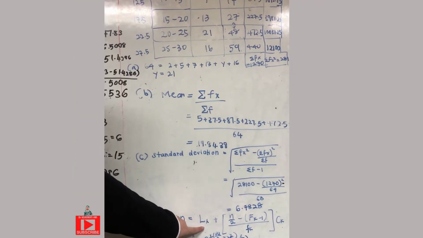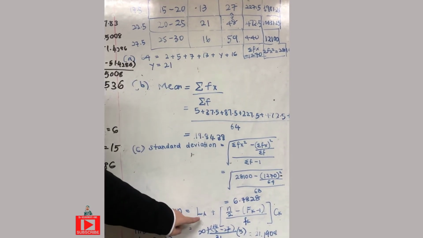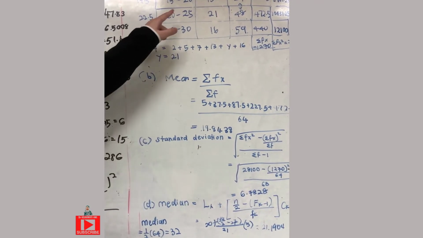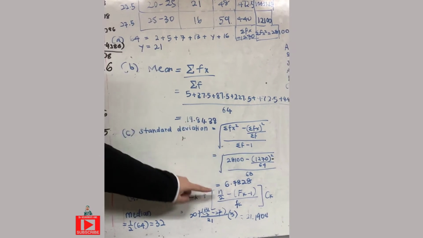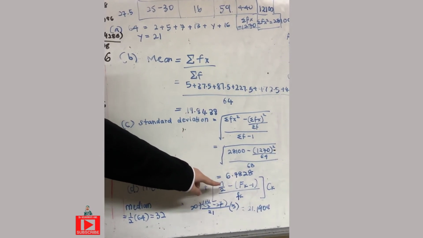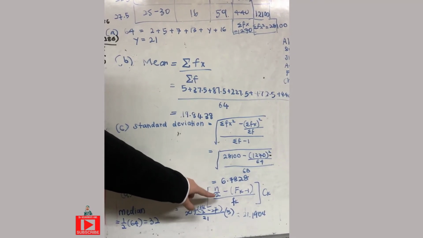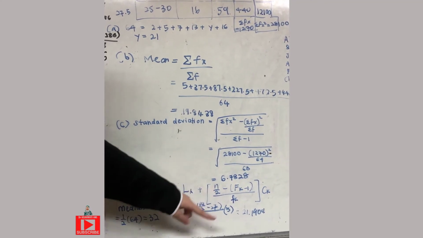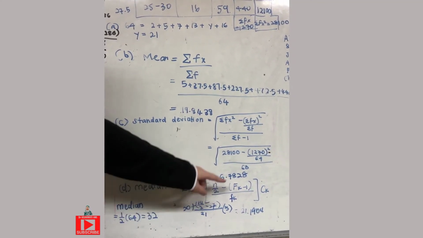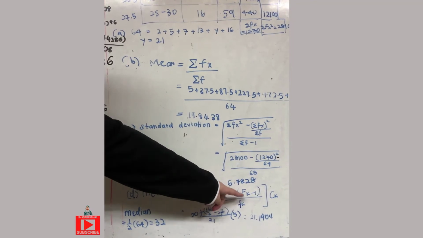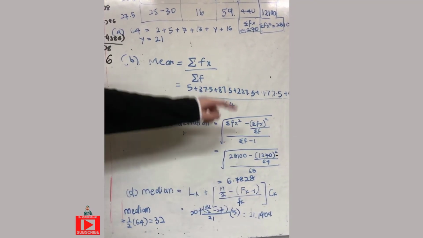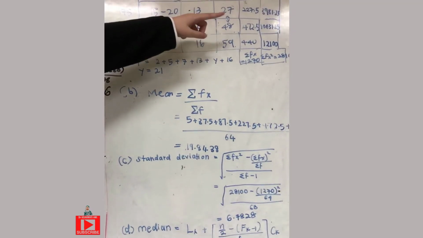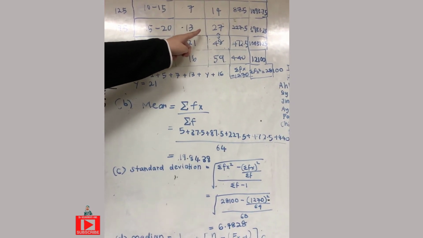This is the lower boundary of the median class, 20, and for this one, the number of observations over 2, and then F minus 1, this one is the class frequency before the median class.